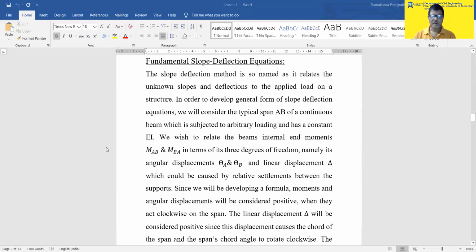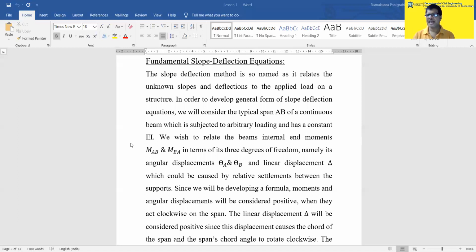Now, the slope deflection method is so named as it relates the unknown slopes and deflections to the applied loads on a structure. So if a structure is given to solve, we have to find the unknowns: what are the unknown slopes and deflections in the structure? In order to develop the general form of slope deflection equations, we will consider the typical span AB of a continuous beam which is subjected to arbitrary loading and has constant EI.